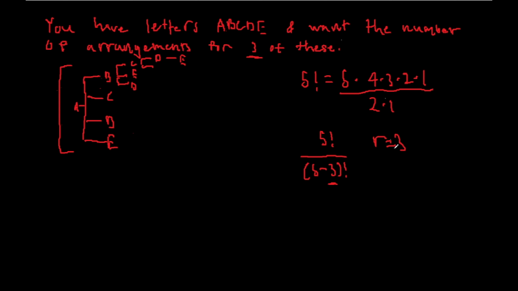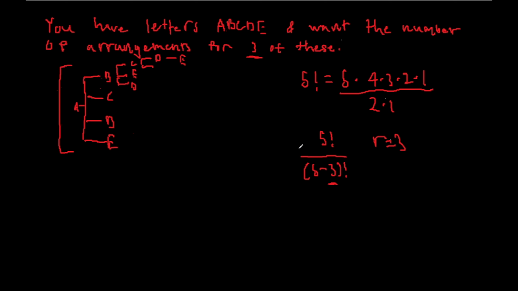It'll come up when I write the actual equation. r is the term number that we're given. So 5 factorial over 5 minus 3 factorial is the same as 5 times 4 times 3 times 2 times 1 over 2 times 1.